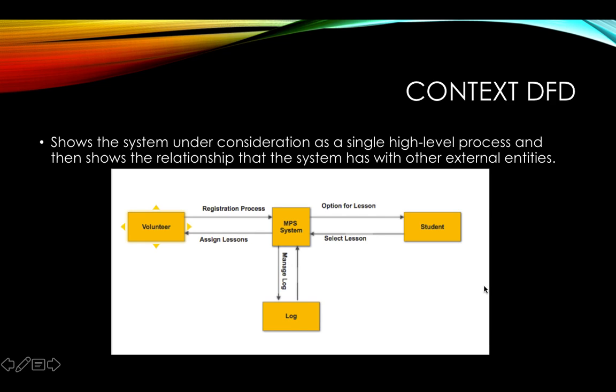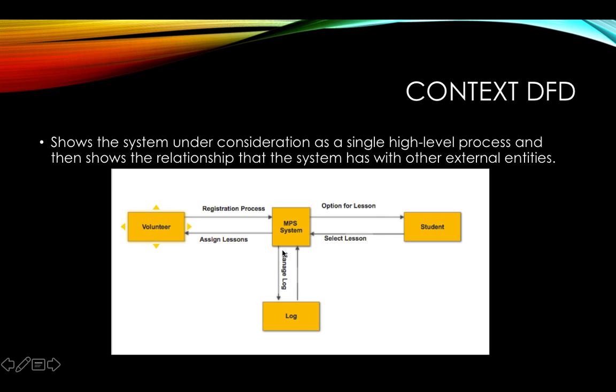Now for the context DFD, this shows the system under consideration as a single high-level process and then shows the relationship that the system has with other external entities. Now you can see my external entities in my context DFD. Basically, the context DFD gives context to the whole system that you are creating. So for this MPS system, the student selects lesson, which goes through the system, and they also have an option for the lesson.